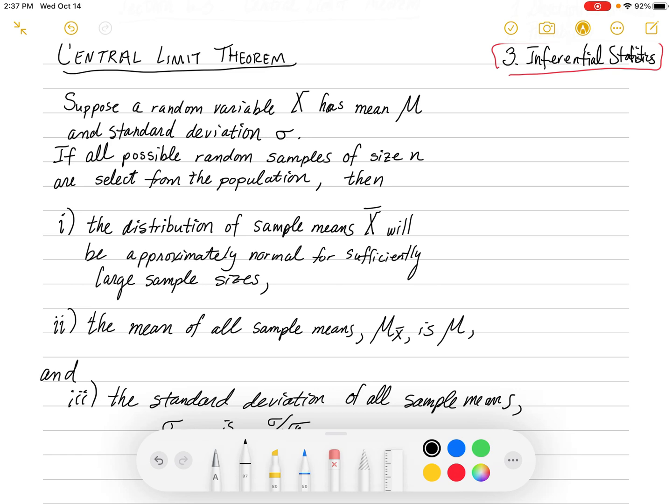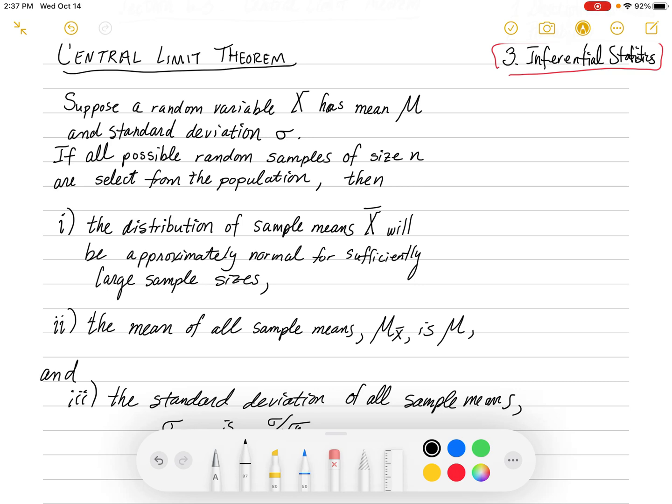The bigger the sample size you take, so for example, if I took all the possible samples of size 10, that may not be very normal, but if we took samples of size 20, all those sample means are going to look more normal. Then let's say we took a bunch of samples of size 100.